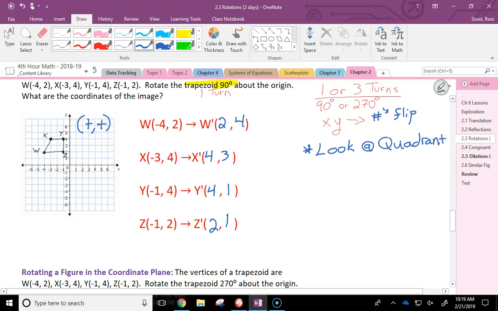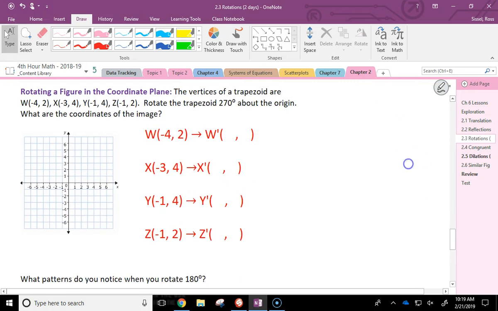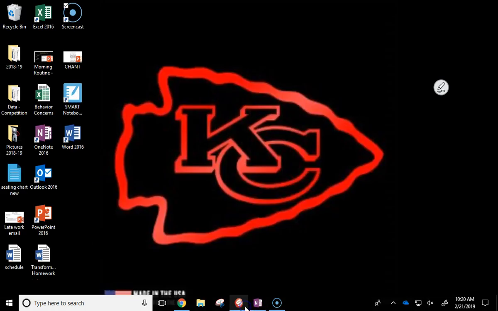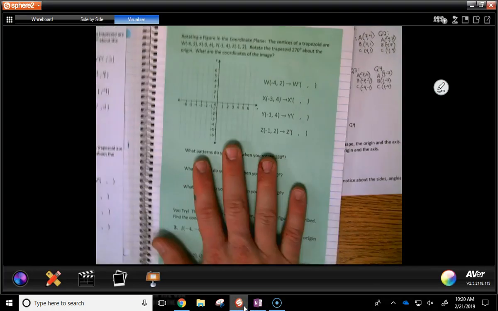My goal is that you're going to be able to look at your coordinate points and identify what the new ones will be. Here's how we're going to do it. The next one is the next page in your notebook. It should look like this.